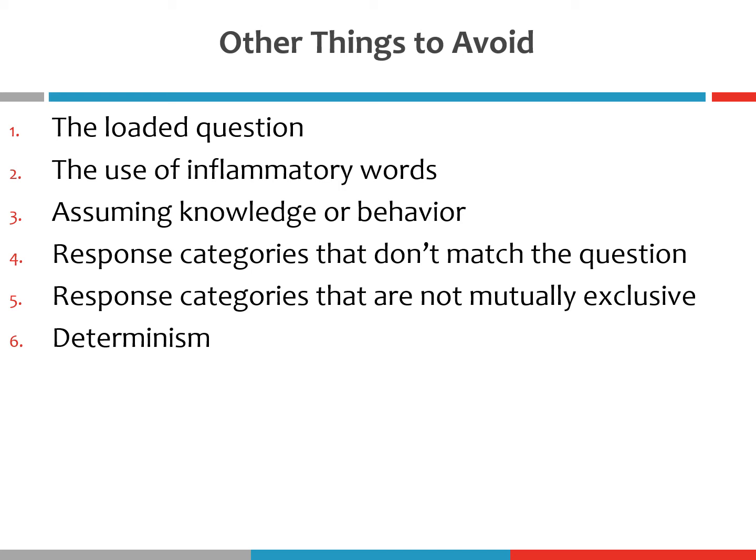Something else we want to avoid is making particular assumptions about what our participant knows or how our participant behaves. A lot of the worst survey questions make the faulty assumption that their respondent has access to the same knowledge that they do. Maybe you are conducting a survey about respondents' opinions regarding gun violence.